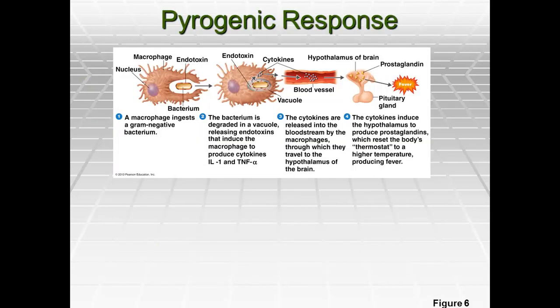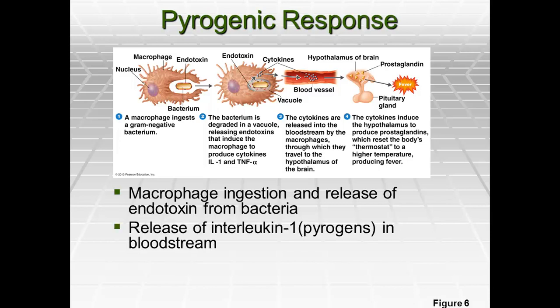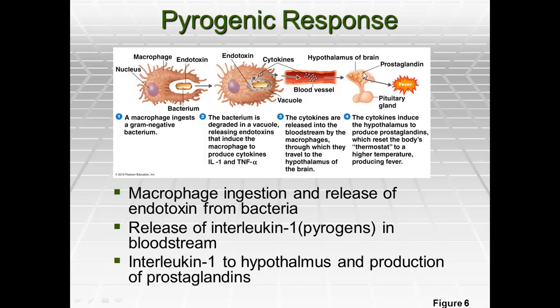And then the third effect would be what we call the extreme pyrogenic response. In extreme pyrogenic response, a macrophage has ingested an endotoxin or bacteria. Okay? And when the macrophage engulfs it, of course it's going to break it down, and that's going to lead to the release of the endotoxin from the bacteria. This causes the macrophage to release interleukin-1. Interleukin-1 is a pyrogen, and that pyrogen is then going to get into the bloodstream, as we see here, and it's going to travel to the hypothalamus.